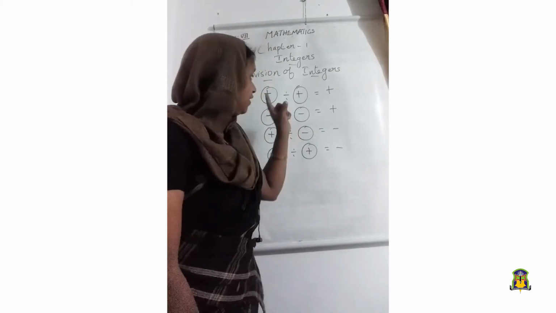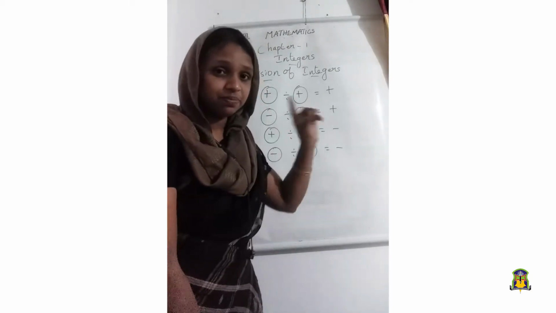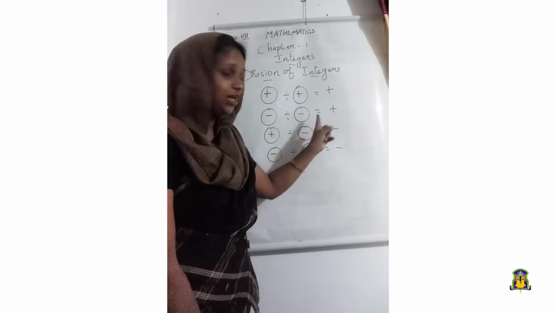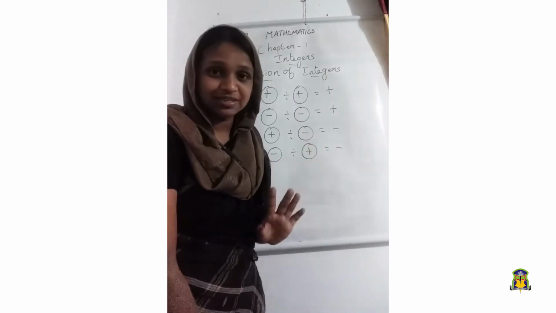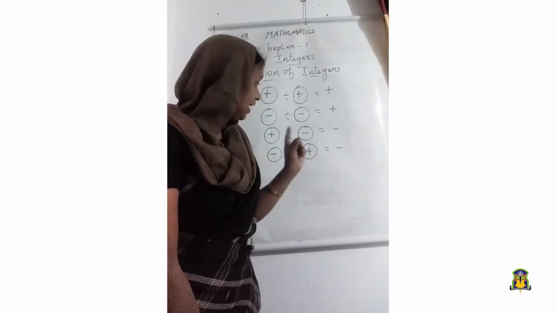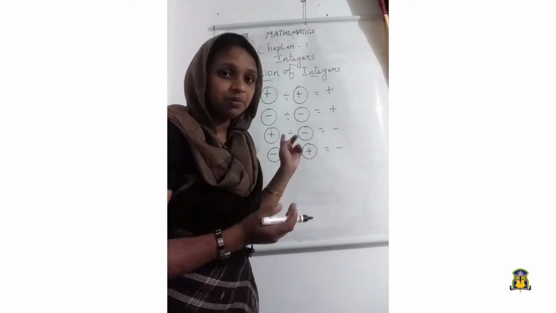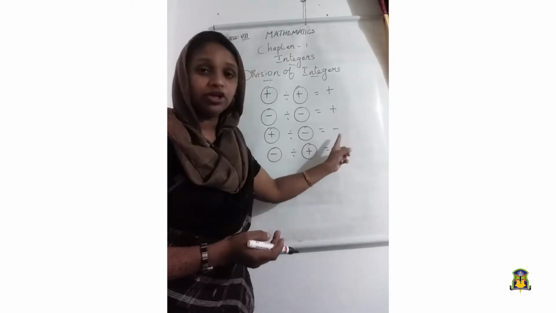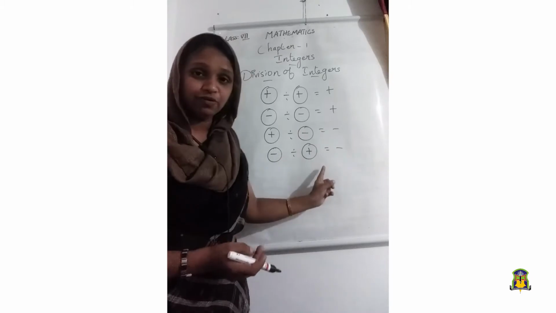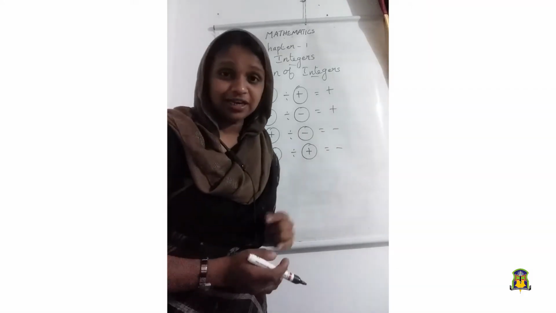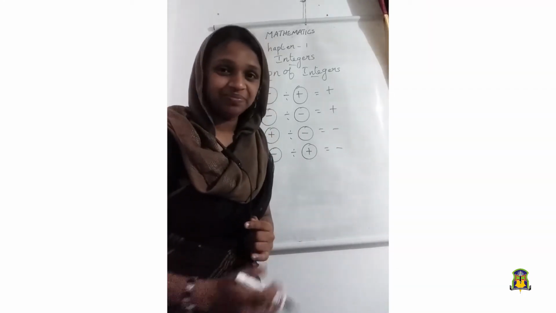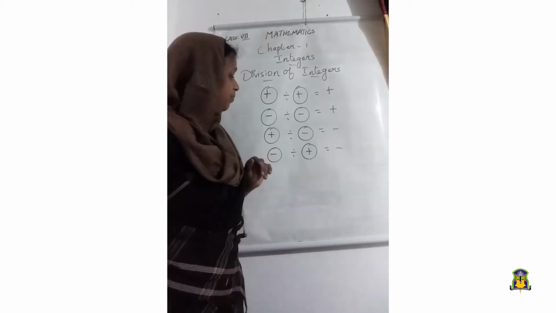That means if the signs are the same, plus plus again plus, negative negative also plus, positive sign itself. And if one sign is different, plus and negative, we will get a negative integer, and negative divided by positive, we get a negative integer. Okay.